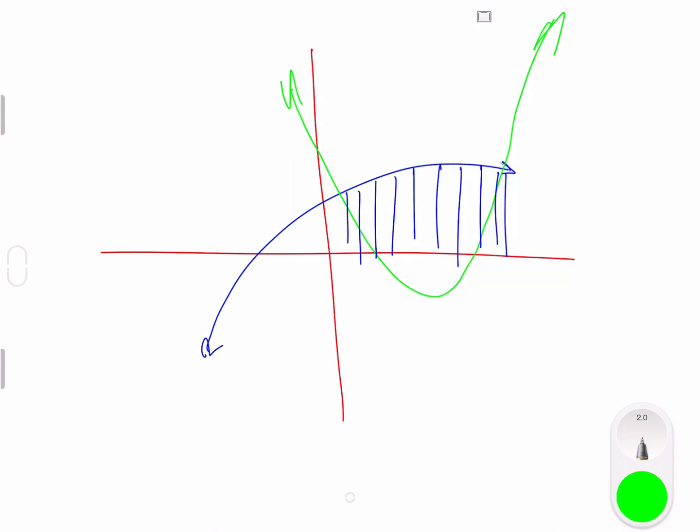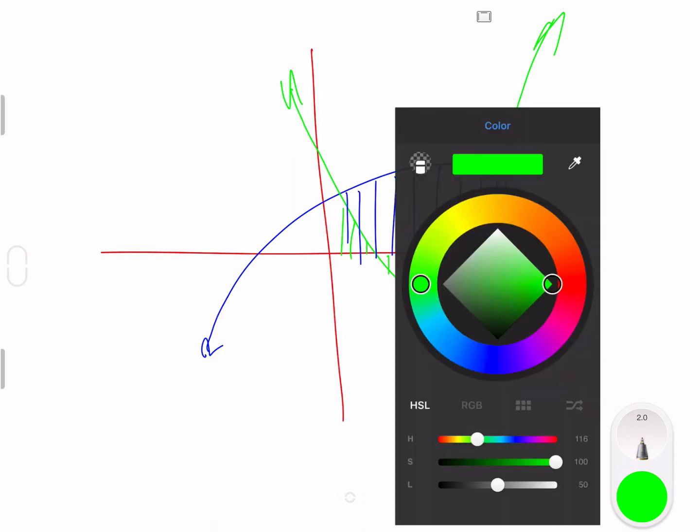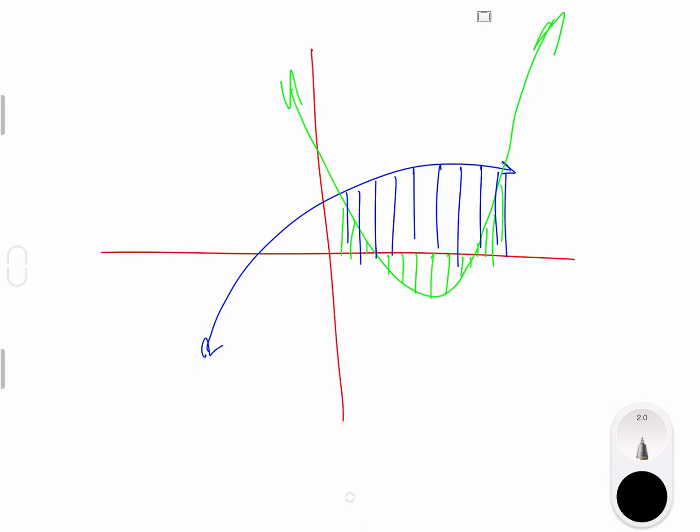The green area, so the area between the x-axis and the function, is the area in this part here. So if we're taking one away from the other, we're subtracting out all the parts where they overlap, and we're left with the bits. The only bits that are left are the area between those two functions.